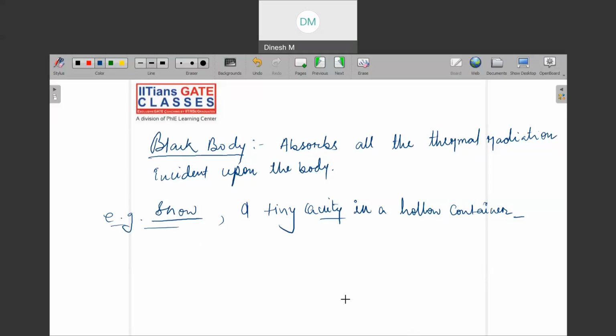When some radiation falls upon it, it reflects some, but the radiation reflected from one point gets absorbed at another point, and in that manner I can say that it has absorbed all of the radiation. Okay.